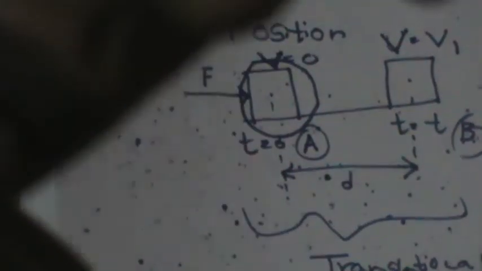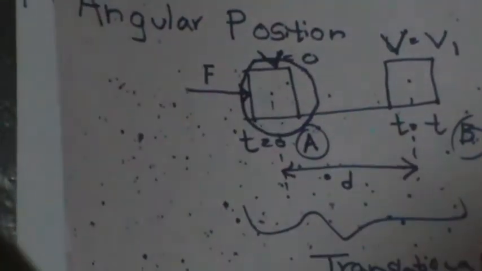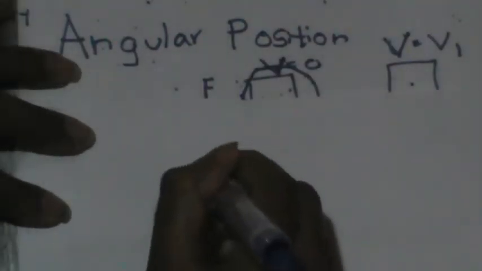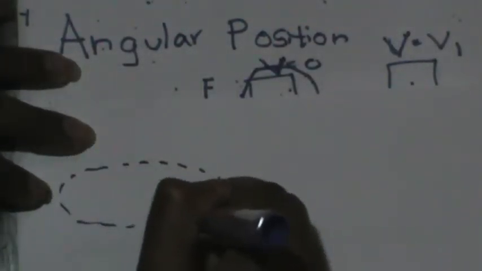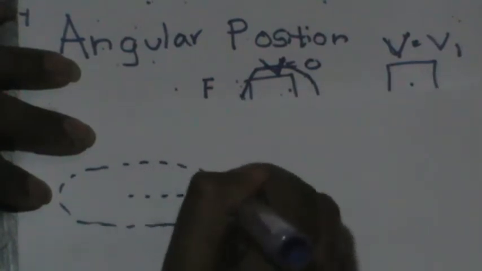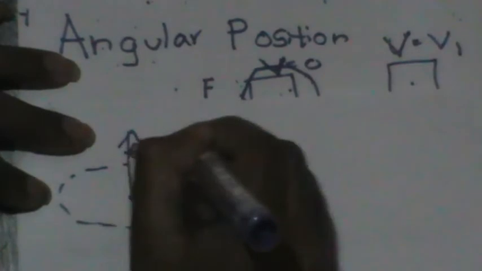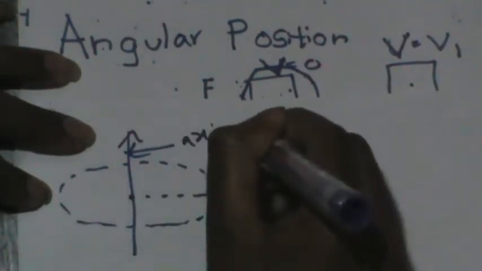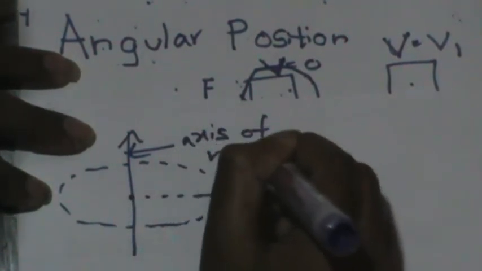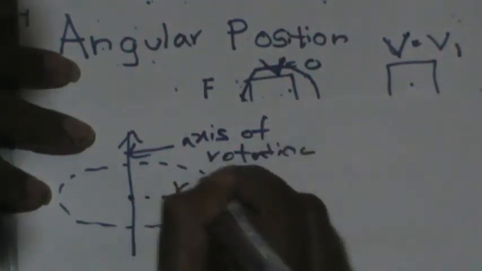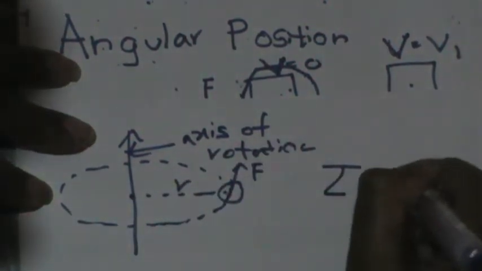So I mentioned the torque. Torque of an object in rotational motion is a multiplication of the force times the distance from its axis of rotation. This is the axis of rotation, and if this is the force and this is R, tau equals Fr.